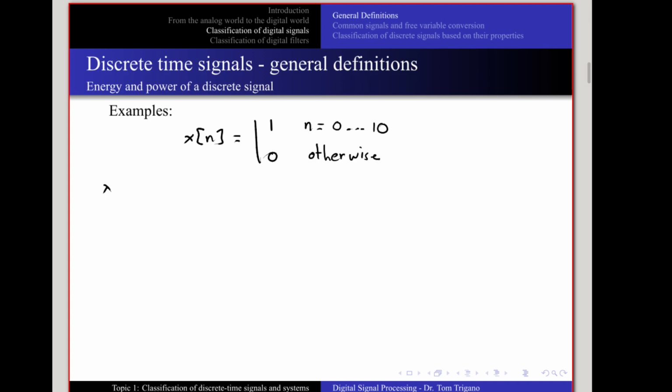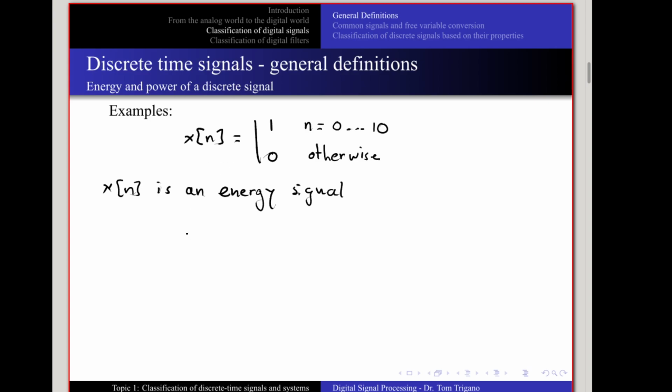This one is an energy signal based on the previous remark. You can see clearly that it is finite in time and also in amplitude.